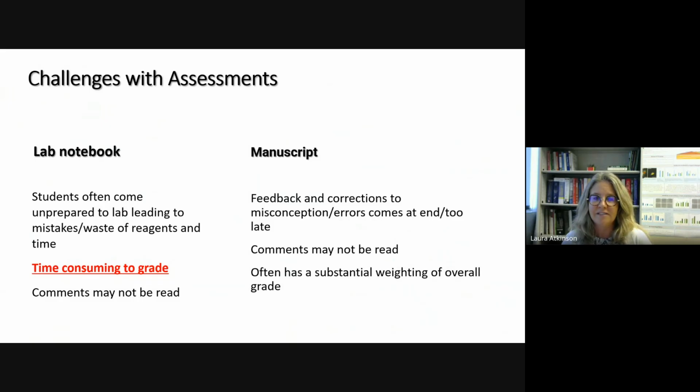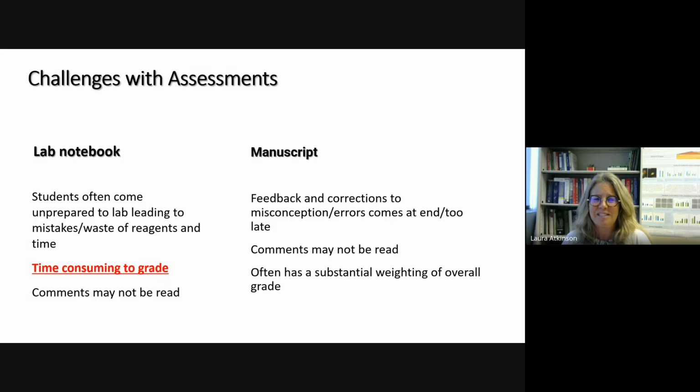And what I found is that there was a very big leap from being given a protocol in a traditional lab and coming to lab and doing it compared to being given general protocols, but having to figure out all the details. So the students would come unprepared. They wouldn't have the math figured out. They'd make mistakes. They'd waste reagents and time.